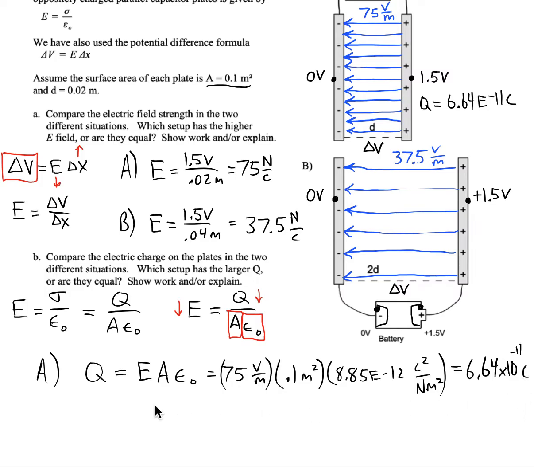And now we just want to find the charge on setup B. So we have to use B's field and the area and epsilon naught.